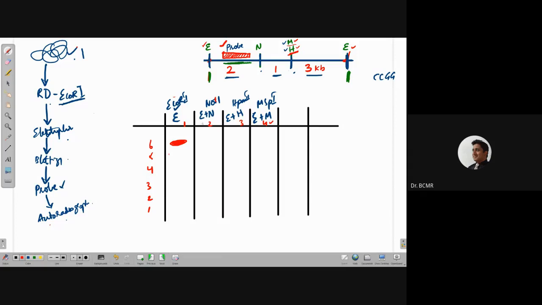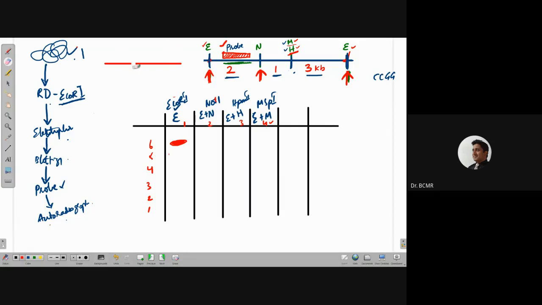Now, if I treat it with EcoRI plus NotI, what would happen? EcoRI would cleave here and here, and NotI will cleave here. What would I get then? That is a 6 kb fragment with EcoRI sites, but NotI has cleaved it in between.